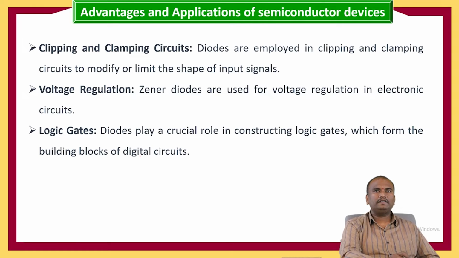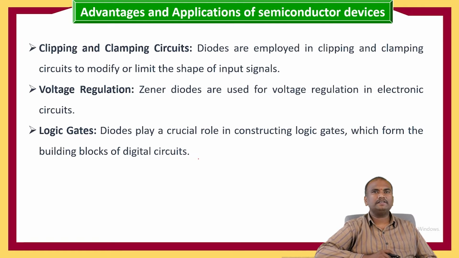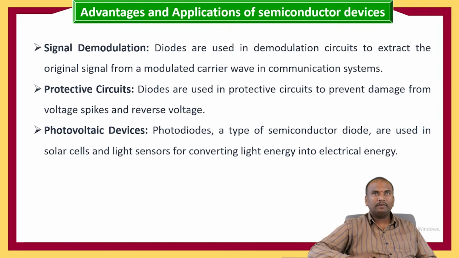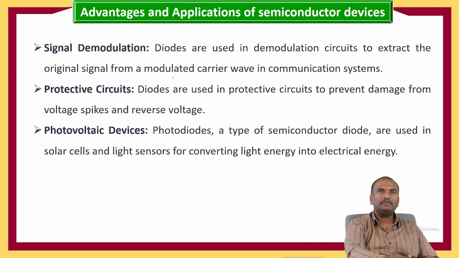And logic gates. Diodes play a crucial role in constructing logic gates, which form the building blocks of digital circuits. These diodes are used in logic gate circuits, that is OR and AND operations, where they play a very crucial role in controlling the input and output signals. And signal demodulation.